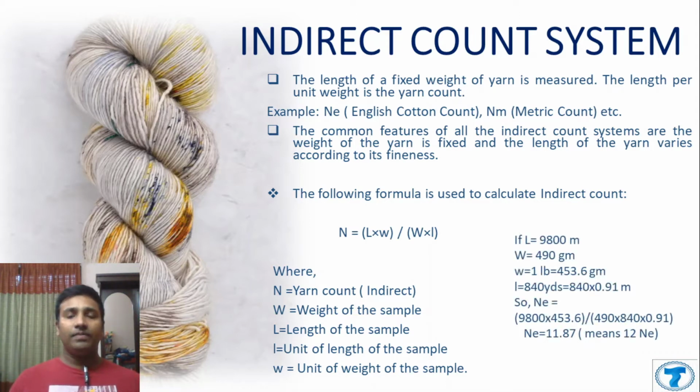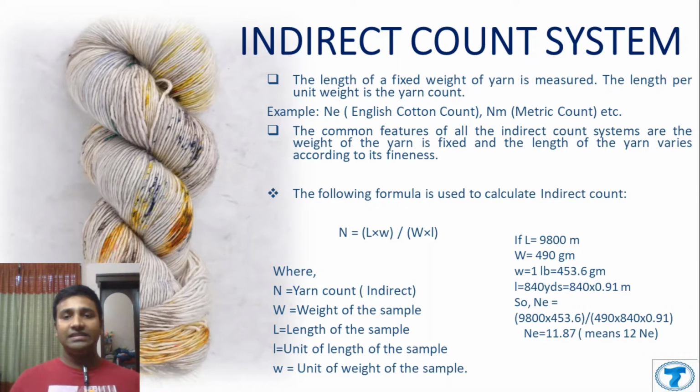Suppose the length of the sample yarn is 9800 meters and the weight of that yarn is 490 grams. If we want to derive the count of that yarn in NE, that is the English count system, then small w is 1 pound, which we need to convert into grams because the sample weight is in grams. Also small l is fixed for any calculation, so that is 840 yards.